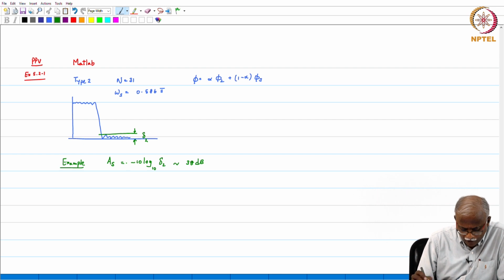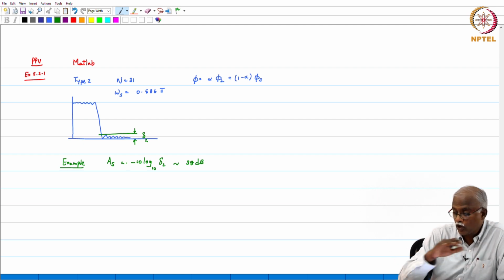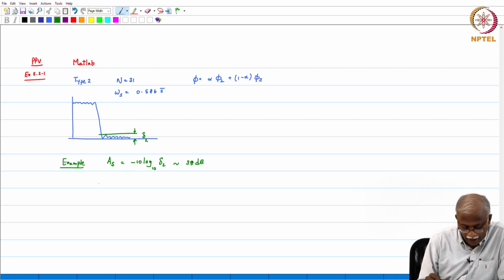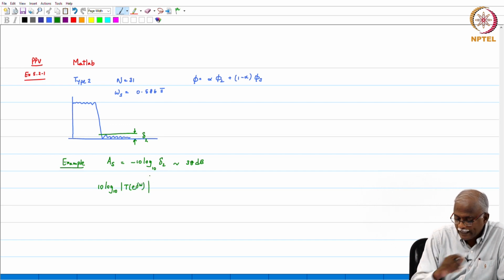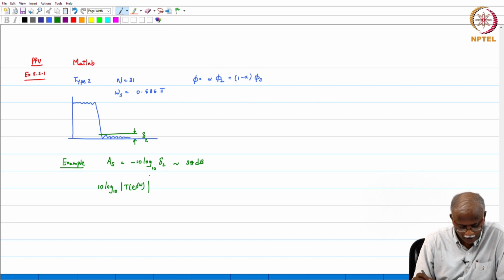And the deviation from a constant. So if you look at 10 times log base 10 of the magnitude of T E of j omega, we would like it to be close to 1, as close to 1 as possible.